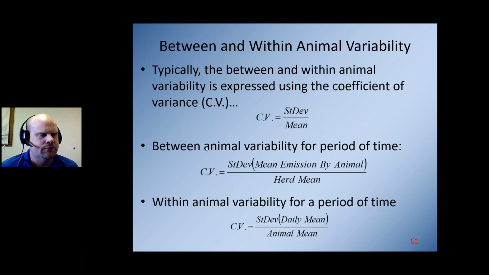When we look at it for between animal variability, we'll take the average emissions from specific animals, average those emissions by animal, and then we'll compare the standard deviation between the animals with the herd mean. And of course, the within animal variability over the same time can be the same. You would take the standard deviation of the differences in the means from either daily or weekly or so forth, and compare that with the animal mean.